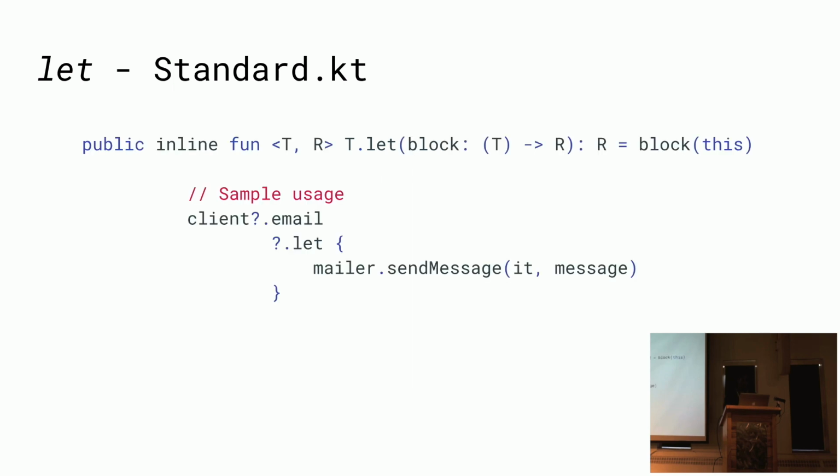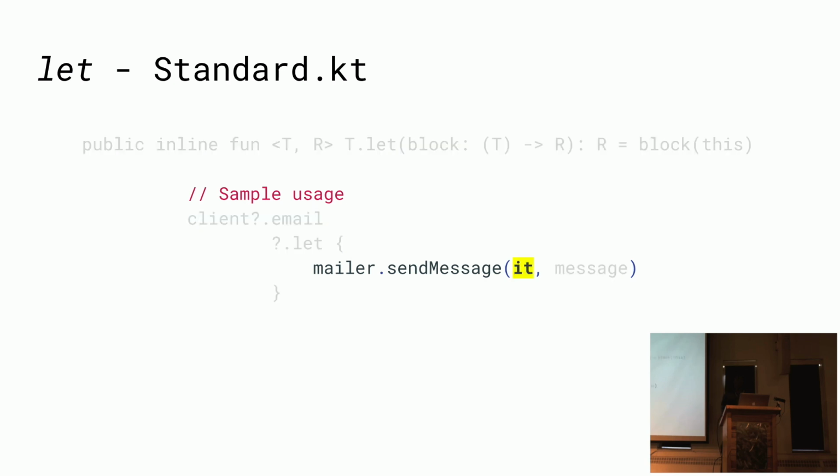So if we look at an example, we have a client that is nullable, and with the client we can get the email, and we want to send an email with the mailer. You see that in this place, the receiver, in this case the email, is available in the scope as it, which is really interesting.